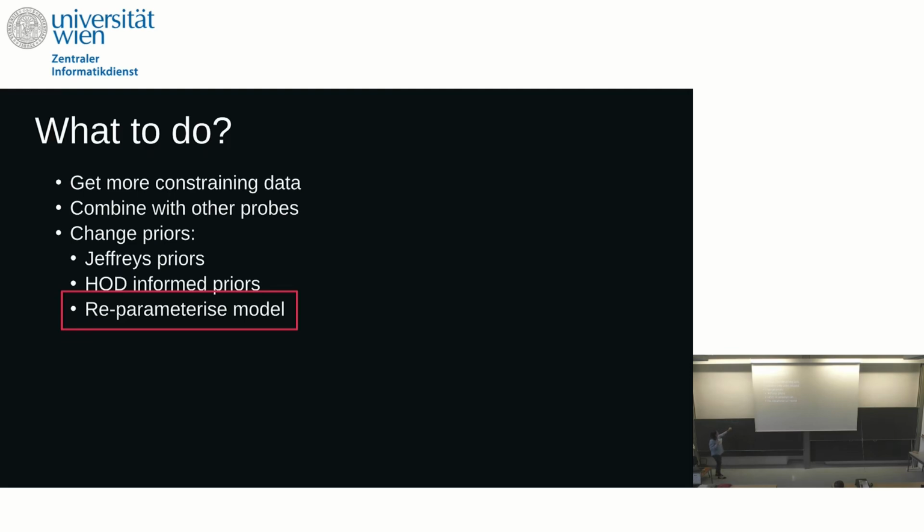This is because a lot of the nuisance parameters that enter the model are linear, and this means that if you have a Gaussian likelihood, you can marginalize them over analytically. It's just a Gaussian integral. So if you write the model in this way, you can perform analytic marginalization, and so your chi-square will be composed of two terms.